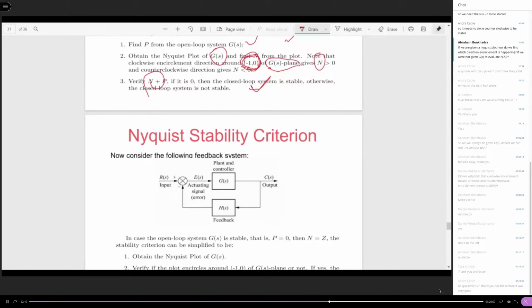Can someone answer my question first? A system with 0 poles in the right-hand plane?